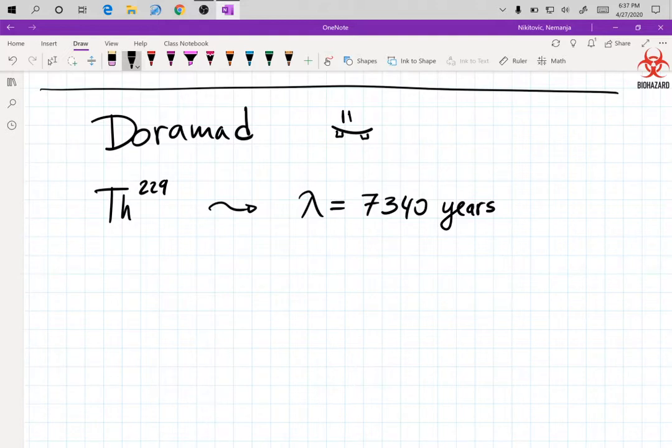Yes, got it. 7,340. Wow. Cool, huh? So, this toothpaste, the first ever teeth whitening toothpaste, which was advertised as the radioactive toothpaste for teeth whitening, was laced heavily with thorium-229. It made teeth glow bright white, so it was by far the strongest teeth whitening toothpaste ever produced.